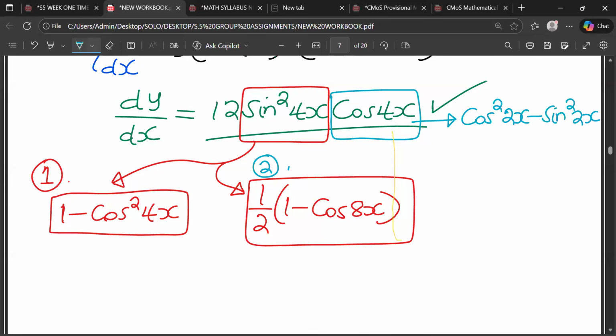Are people aware that that same thing is the same as 2 cos squared 2x minus 1? Are they aware it is the same as 1 minus 2 sine squared 2x?